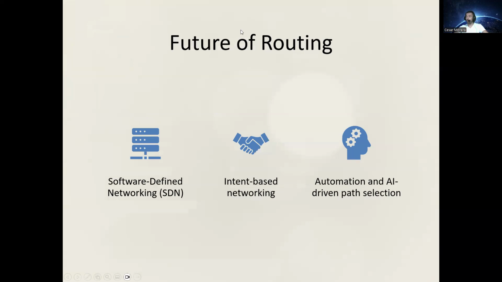And now, the future of routing. When we're talking about the future of routing, we refer to what we want to implement in the next couple of years, and we're focusing now on the integration with automation and artificial intelligence driven path selection.